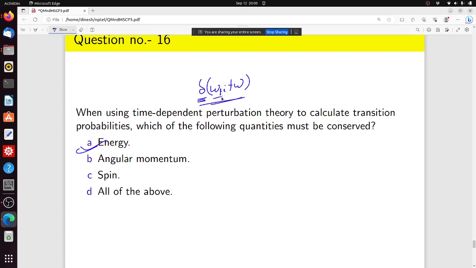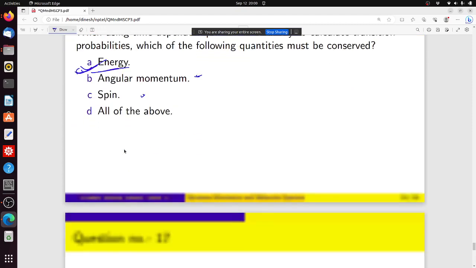It guarantees that this energy should be conserved. To make the transition, this frequency has to match the energy difference. So A is the right answer. We didn't see any formula for the others. So A. Okay, good.